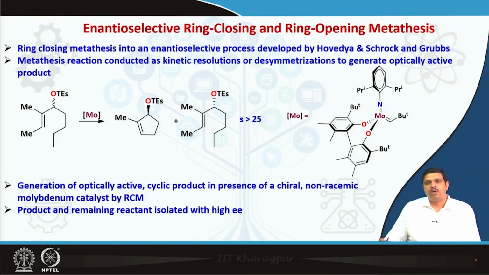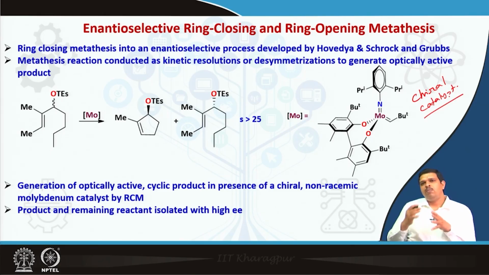Not only that, you can also make this reaction stereoselective by choosing a chiral catalyst. We have already discussed how you can make a particular reaction asymmetric by choosing the chiral catalyst, which proceeds through the CSC, that is, the catalyst site control mechanism.